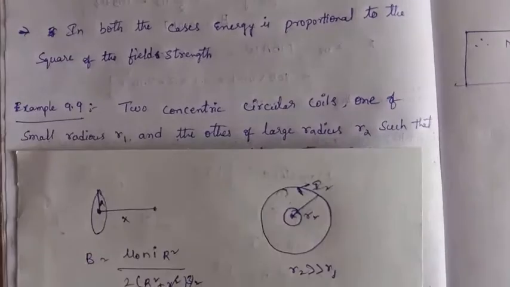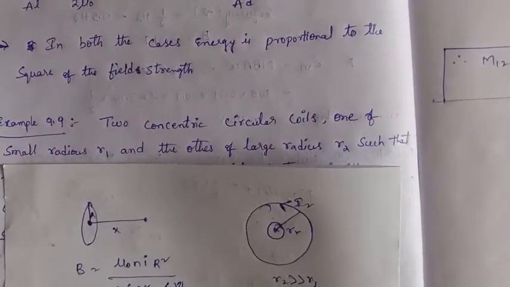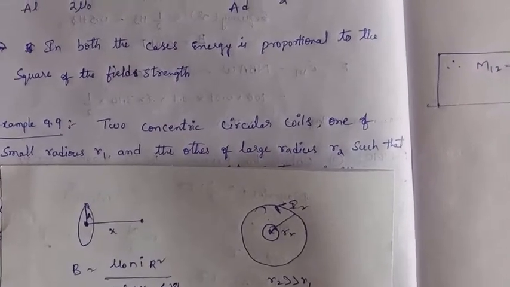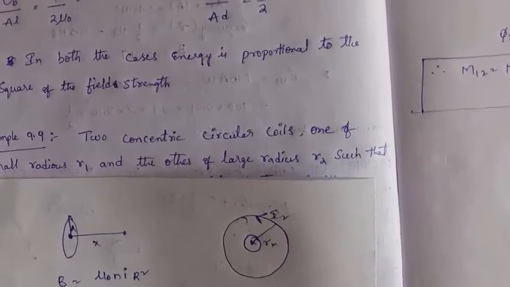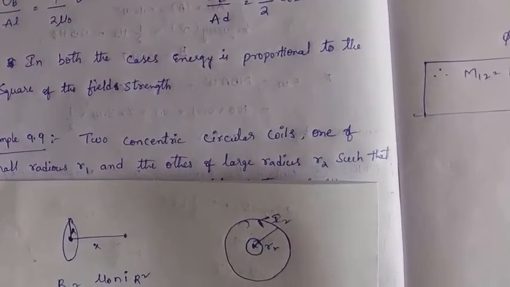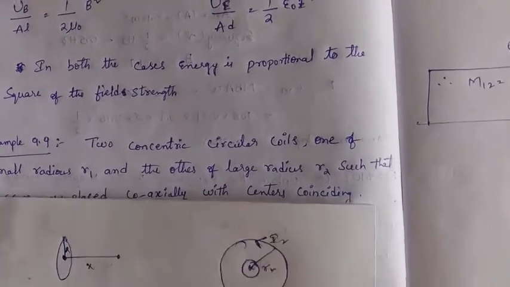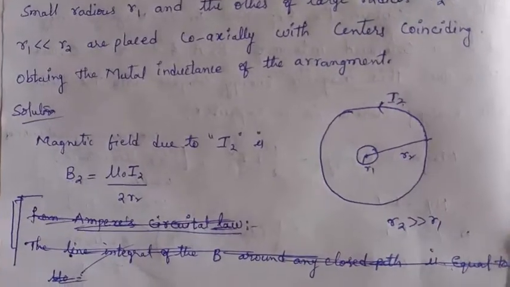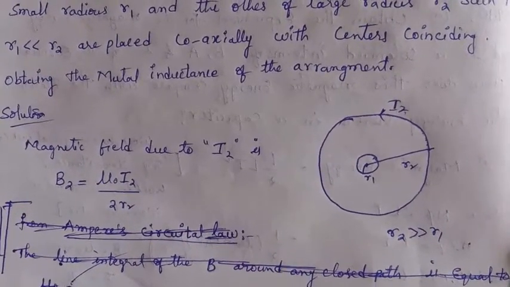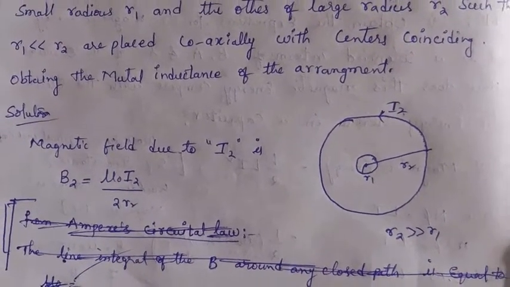Here the number of turns of the coil is only a single turn, so N is equal to 1. The expression is mu naught I by 2R. That's why the magnetic field due to I2 is B2 equal to mu naught I2 upon 2R2.